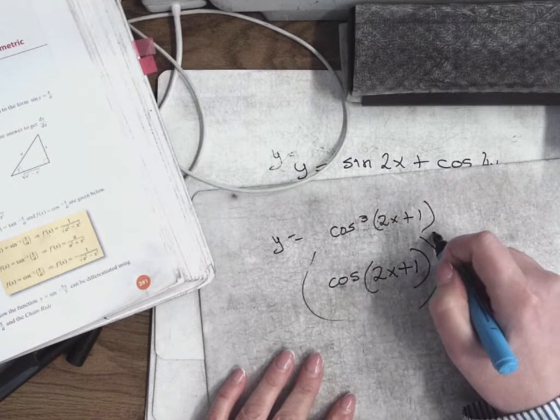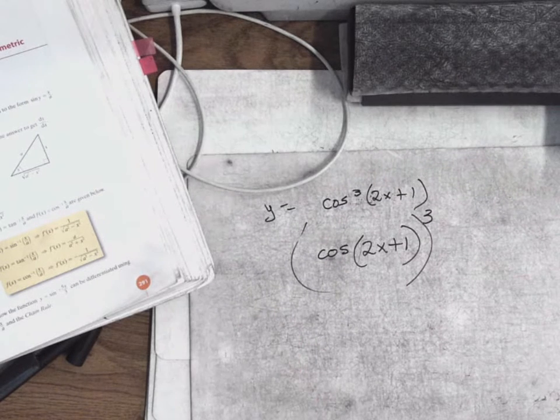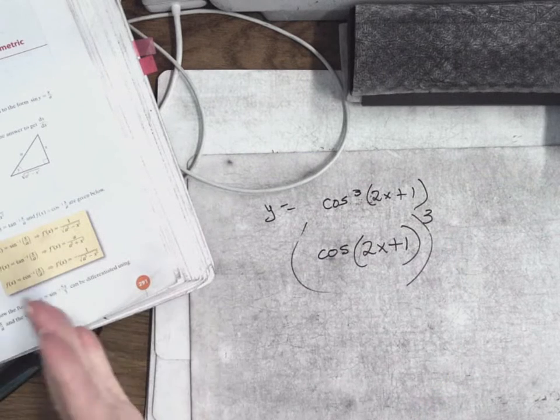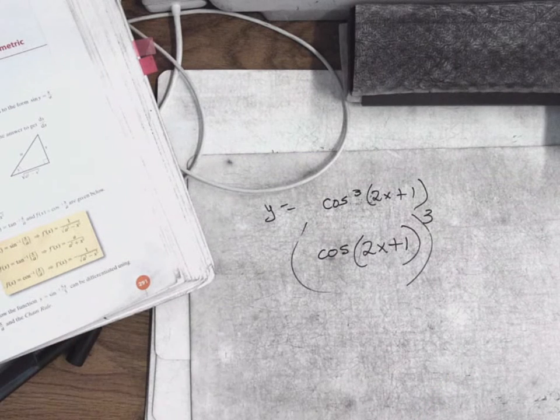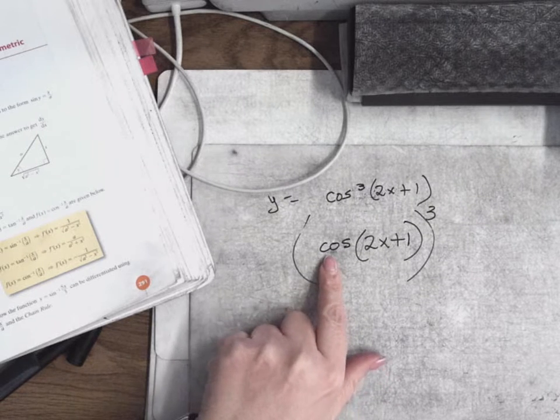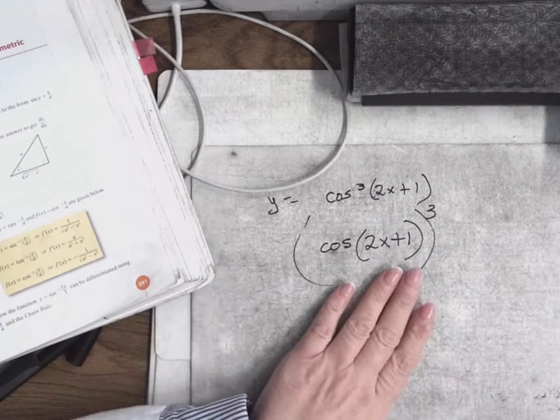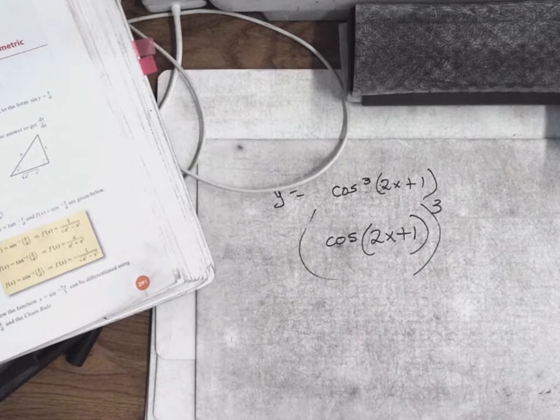That's just the way they write it. Is that okay? You have to differentiate the bracket, bring the power down in front, reduce the power by 1, and inside the bracket stays exactly the same. Then you differentiate the cos, and you'll get minus sine. And then you differentiate the angle. So there are 3 steps.